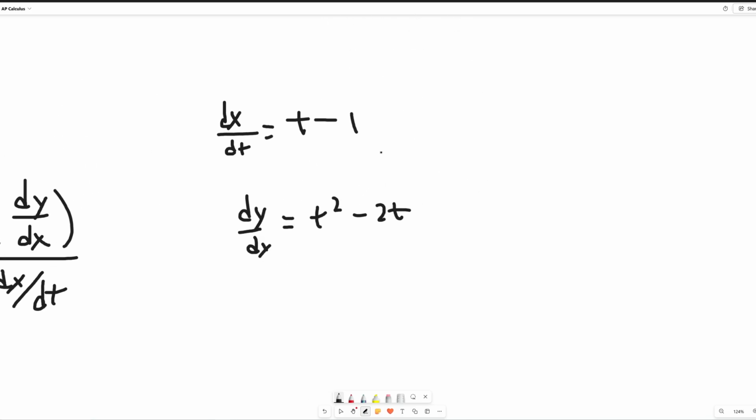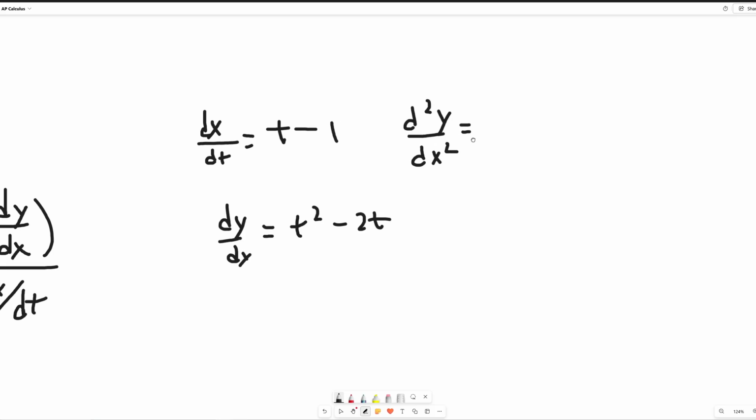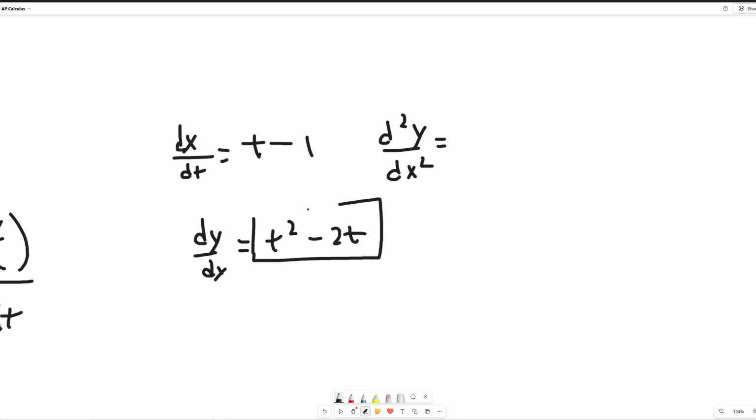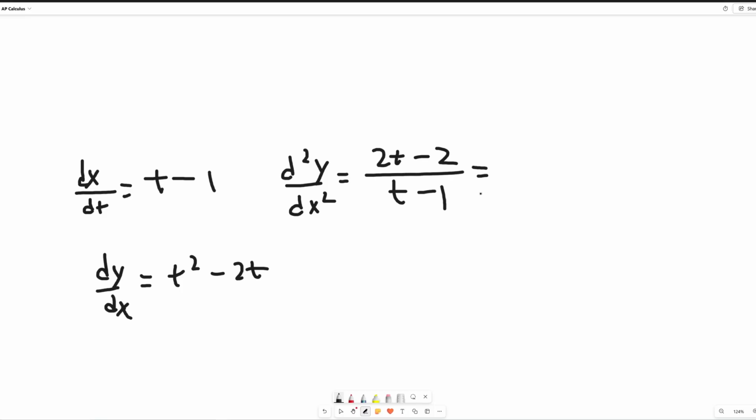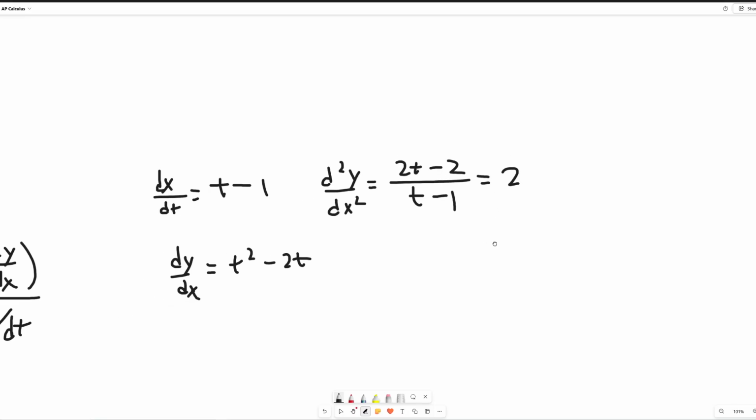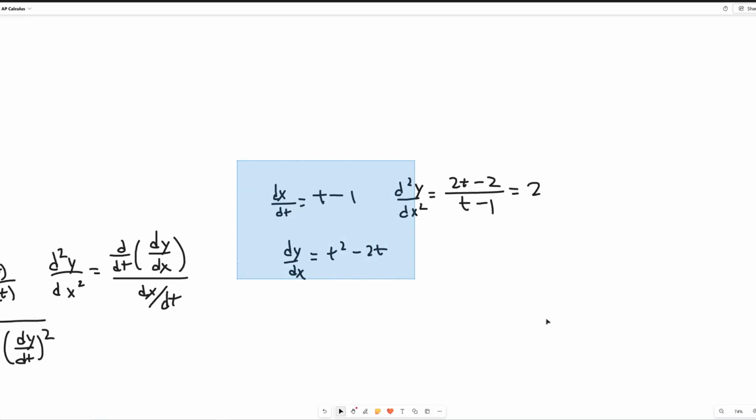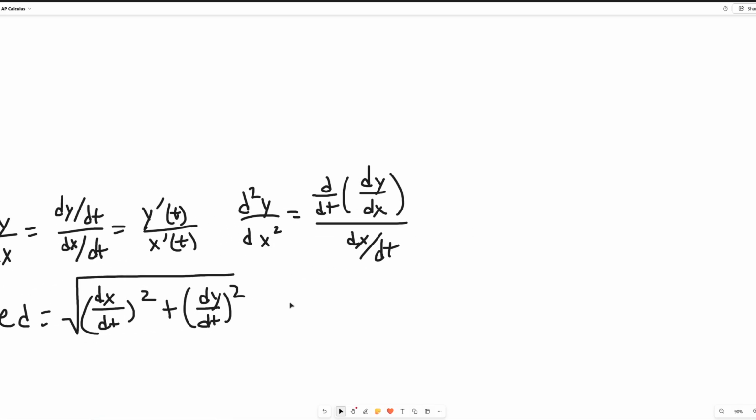That would mean that d squared y over dx squared is the derivative of this dy over dx, which is going to be 2t minus 2, and then I divide it by my dx over dt, t minus 1, and then this ends up just being 2. So that's an example problem of that.